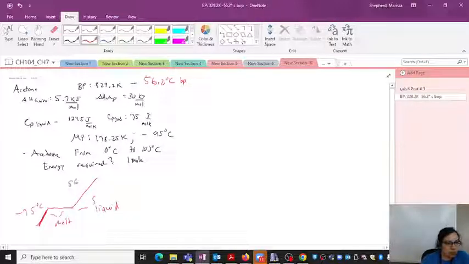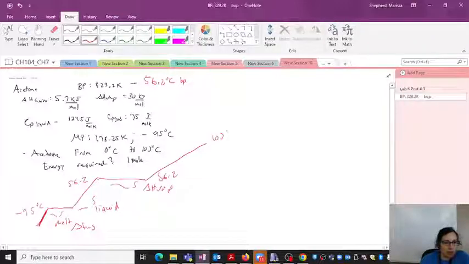I didn't really give myself enough space. Then we'll do our transformation. So this would be our heat of fusion, heat of vaporization, and then we'll take 56.2 all the way to 100.